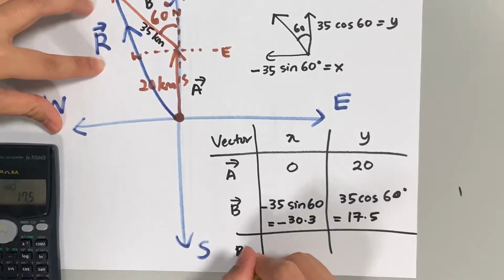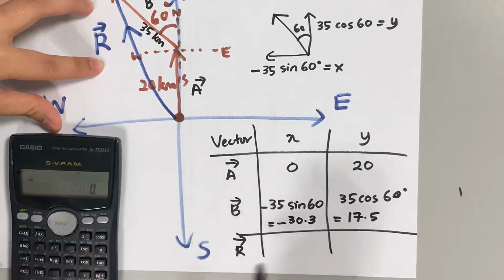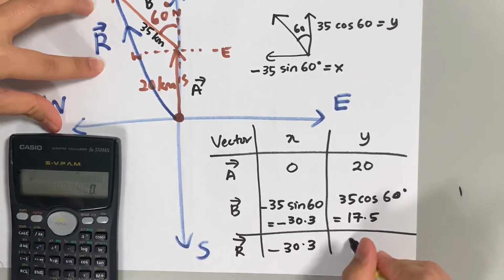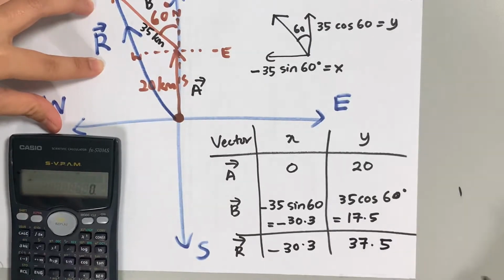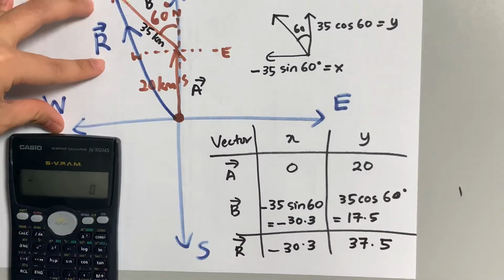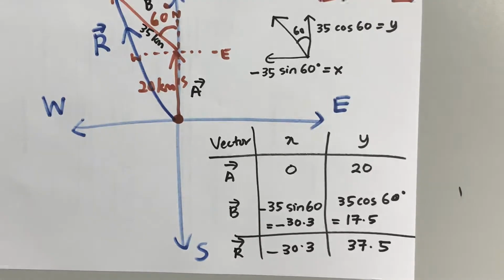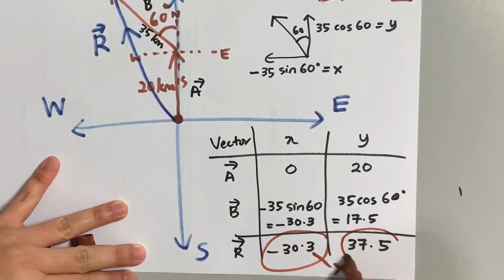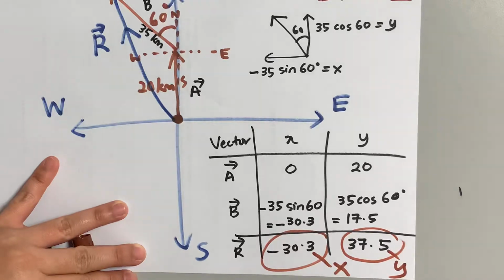So total up: negative 30.3 here, 37.5. Is this your final answer? Of course not. So here is your total x component, and this is your total y component.